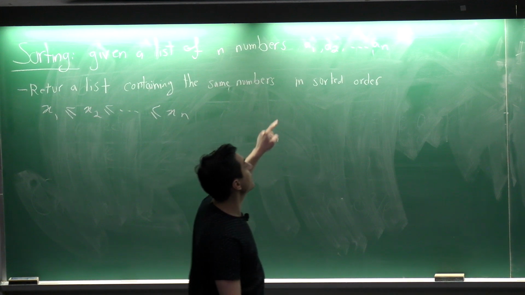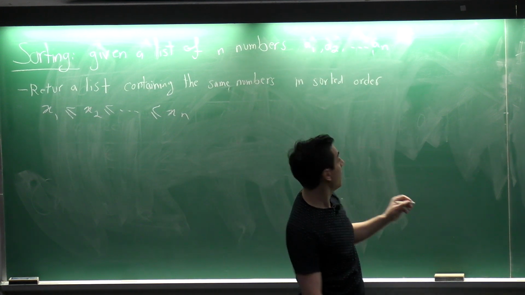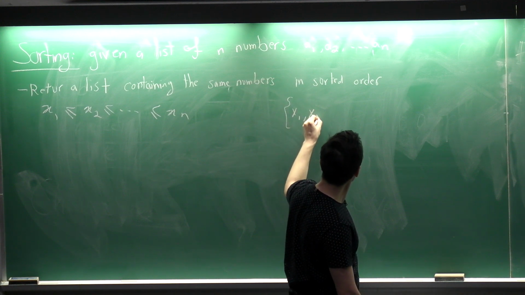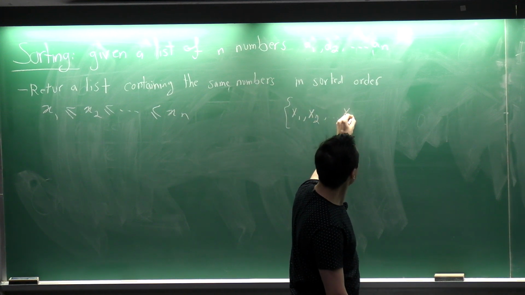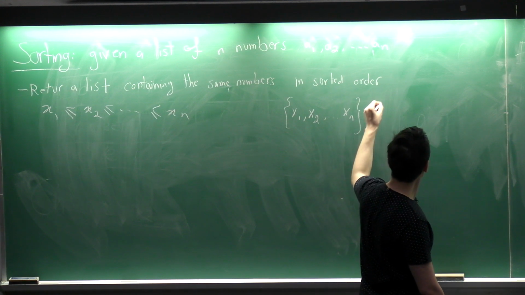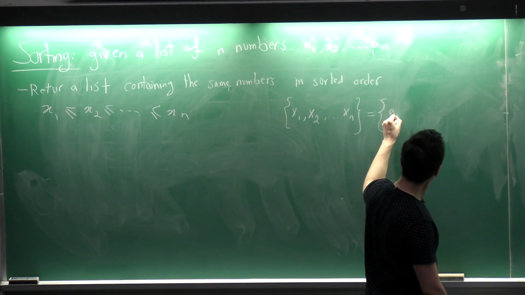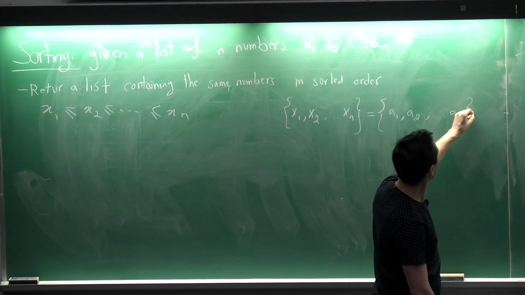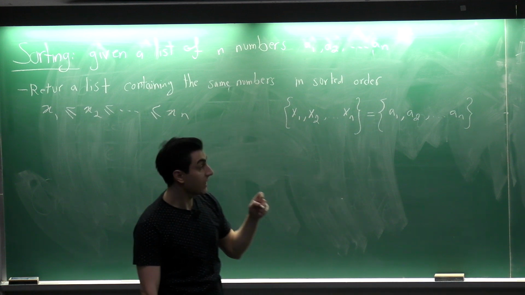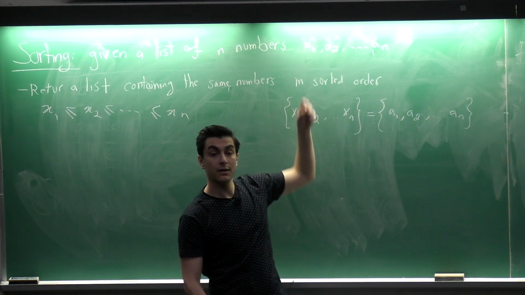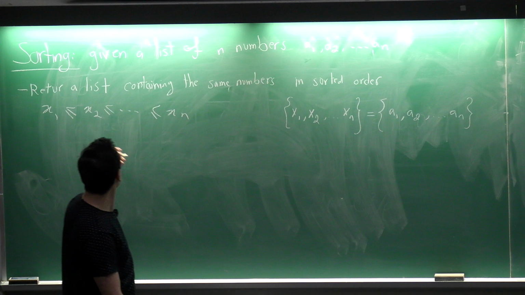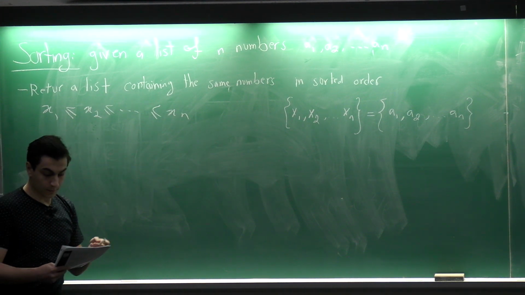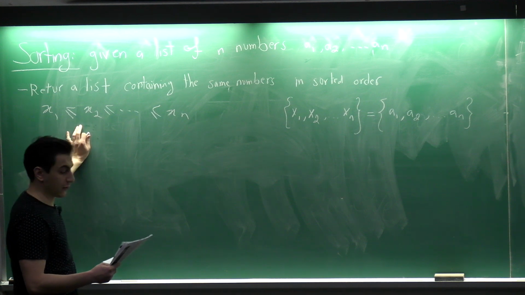So if these numbers are all unique, then we can say something like this: the set of numbers x1, x2, all the way till xn is equal to the set of numbers a1, a2, all the way till an, right? But if we have the same number more than once, we would like it to also appear here the same number of times. So this is the definition of sorting.